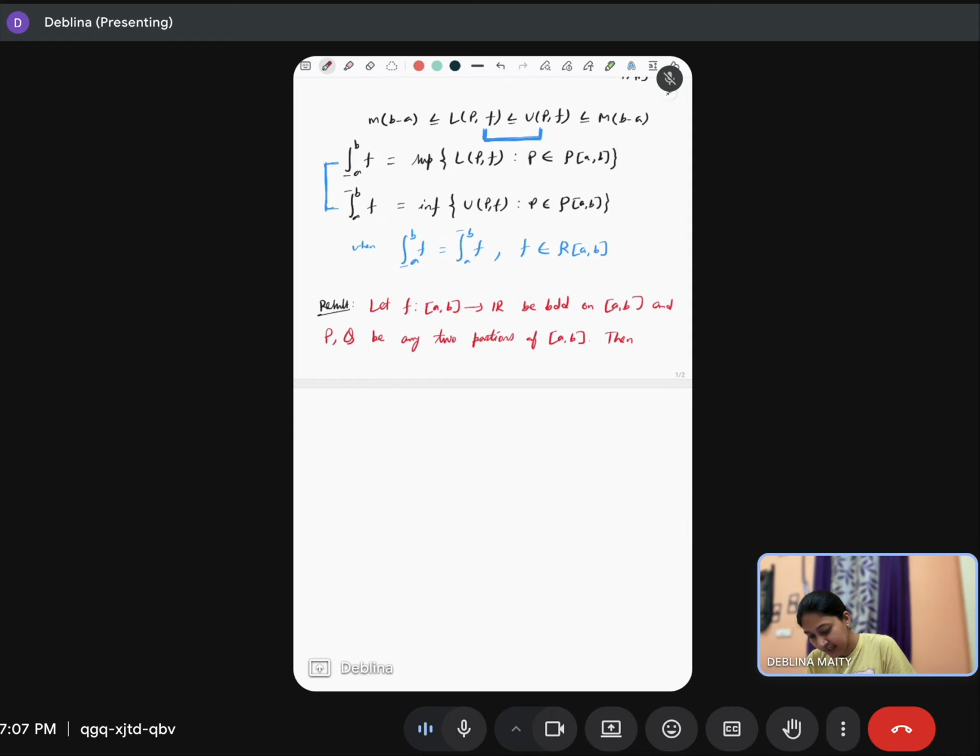Then we'll see that the lower sum L(P, f) is less than or equal to U(Q, f). So the lower sum is always less than or equal to the upper sum for any two partitions. First we'll prove this.